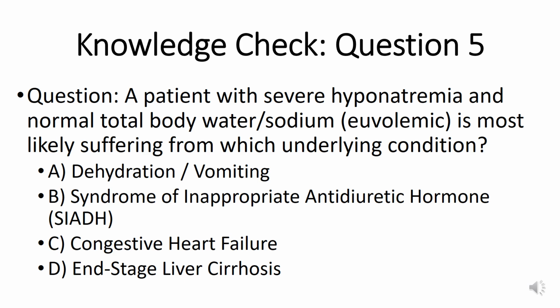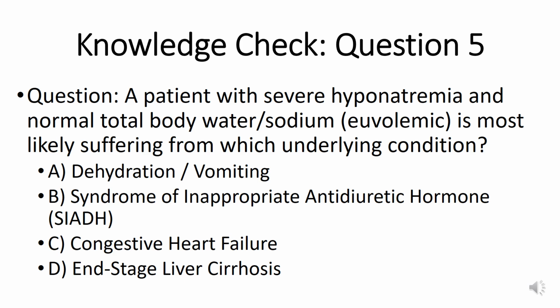A useful memory aid is to associate volume status with the underlying disorder. Hypovolemia points toward fluid losses. Hypervolemia suggests fluid overload states. Euvolemia strongly suggests syndrome of inappropriate antidiuretic hormone. Recognizing these categories is essential because treatment strategies differ considerably.